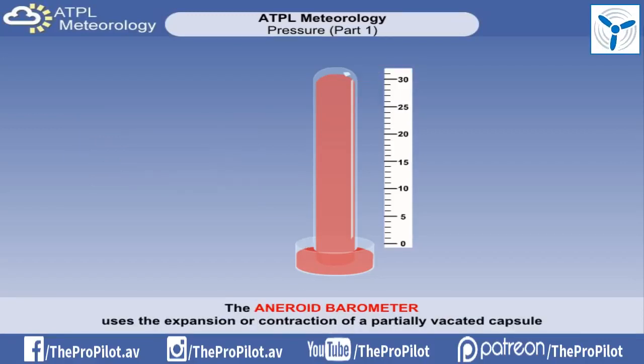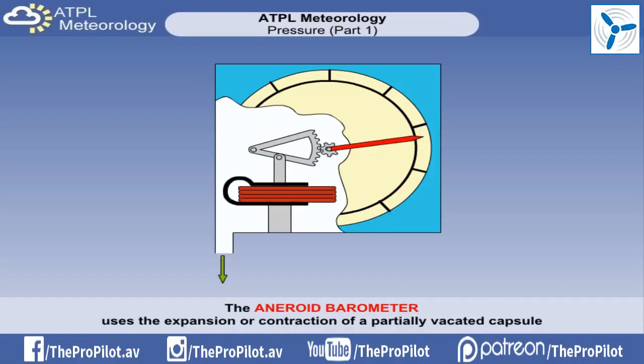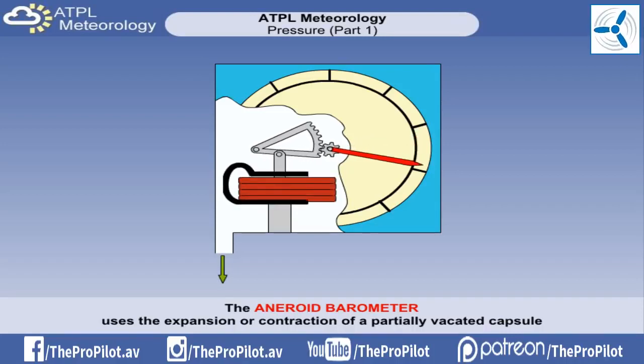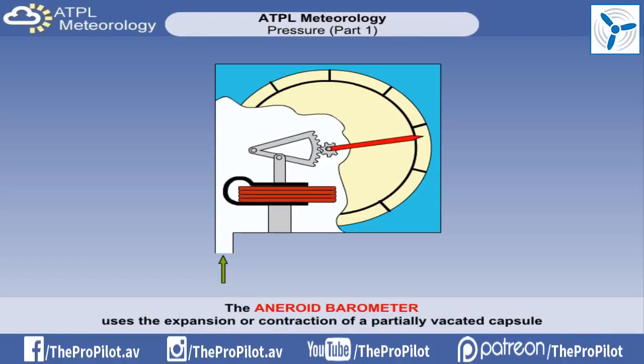The other type of barometer is non-liquid and is therefore called an aneroid barometer. These can be less accurate than mercury barometers, but are more sensitive to small changes in air pressure. An aneroid barometer measures the effect of air pressure on a metal chamber from which part of the air has been removed.